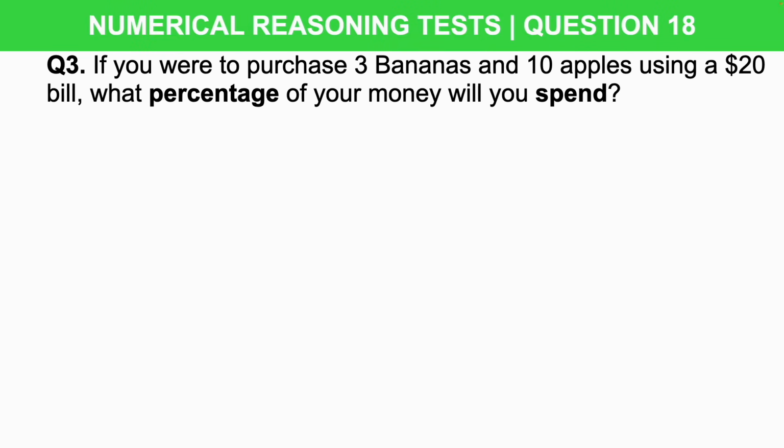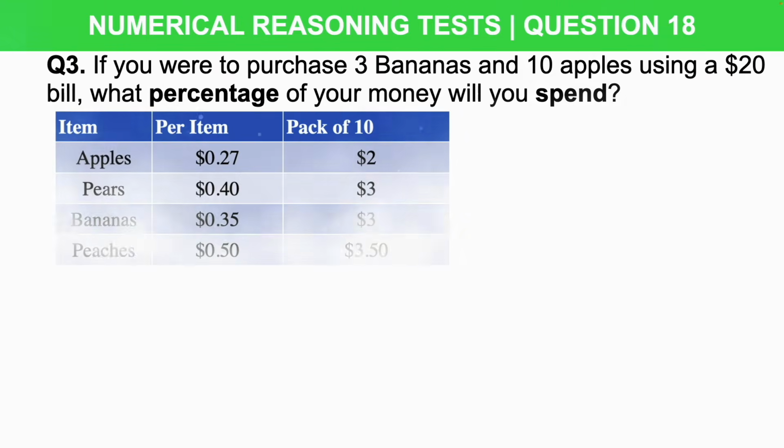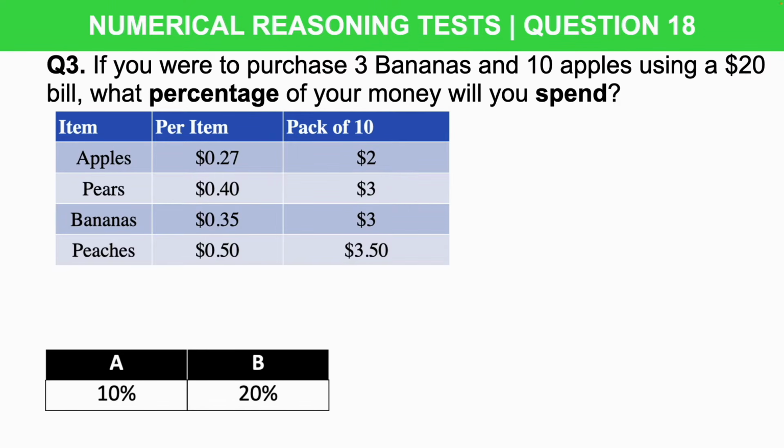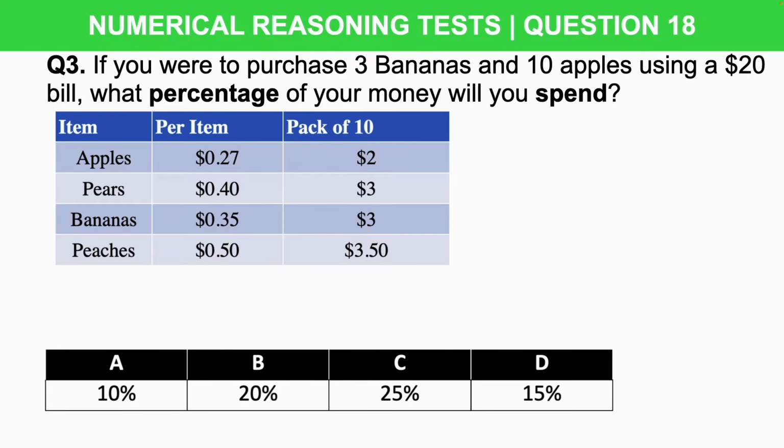If you were to purchase 3 bananas and 10 apples using a $20 bill, what percentage of your money will you spend? Take a look at this pricing table so you can work out the answer. Now, is the answer option A, 10%, B, 20%, C, 25%, D, 15%, or E, 5%?